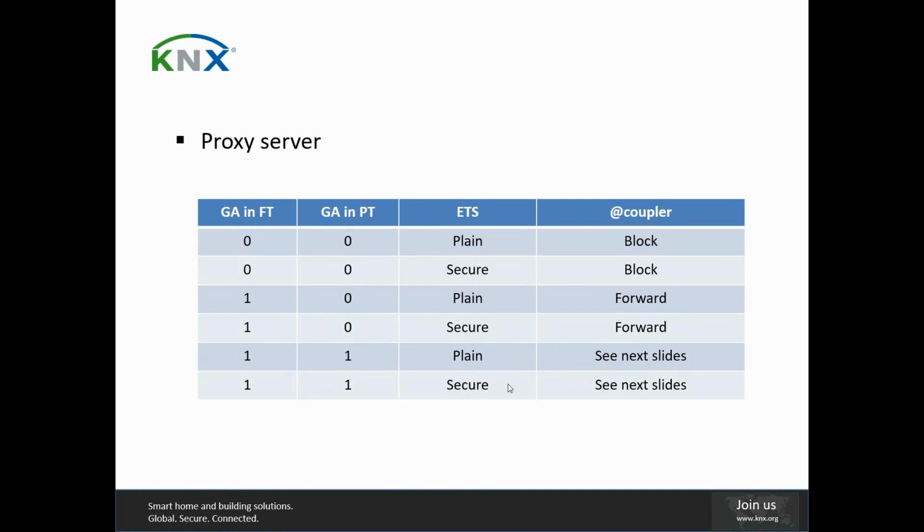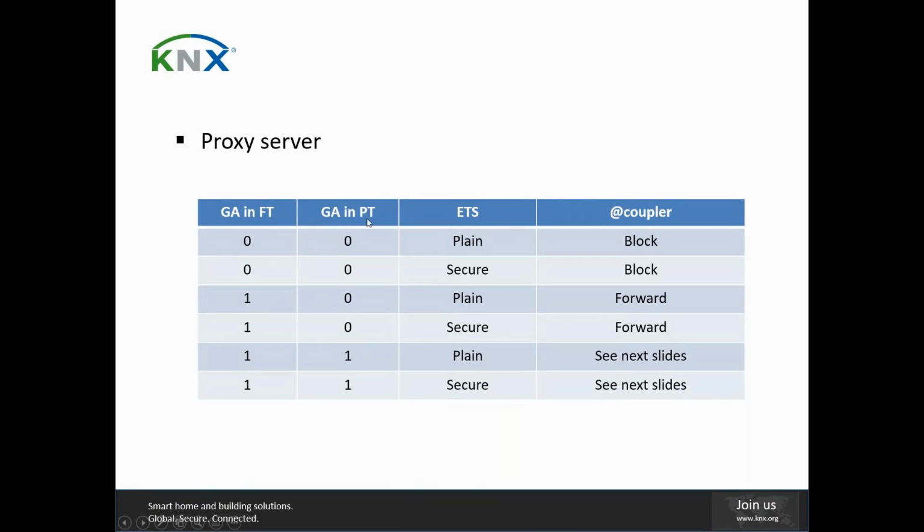So the first thing that you need to know in the secure application layer of a proxy server is whether the group address of the telegram to be processed is in the filter table, and or whether this group address is in the proxy table.